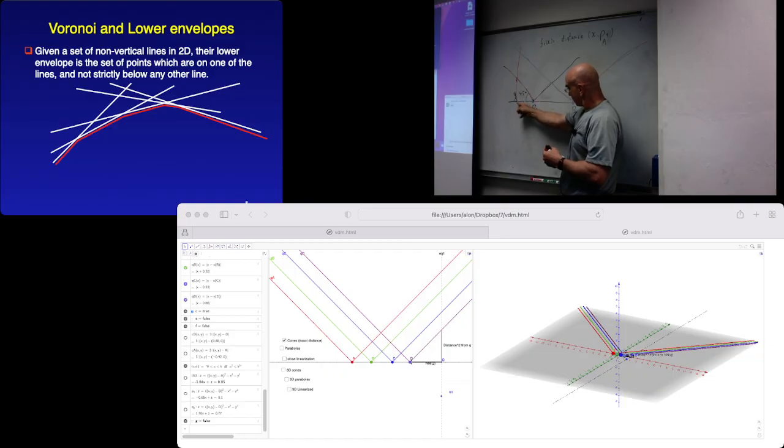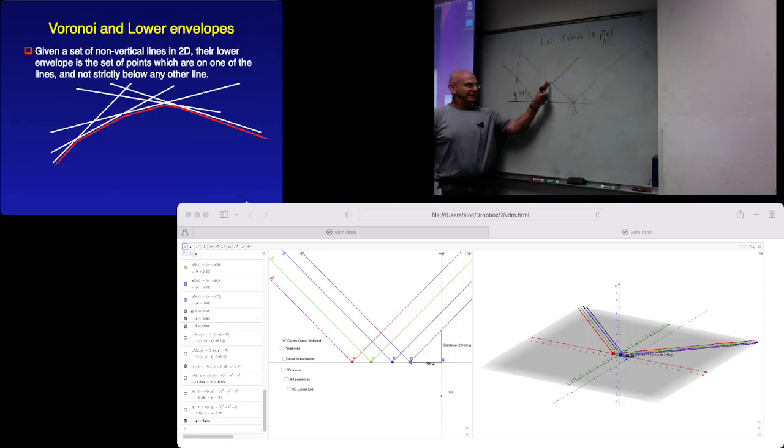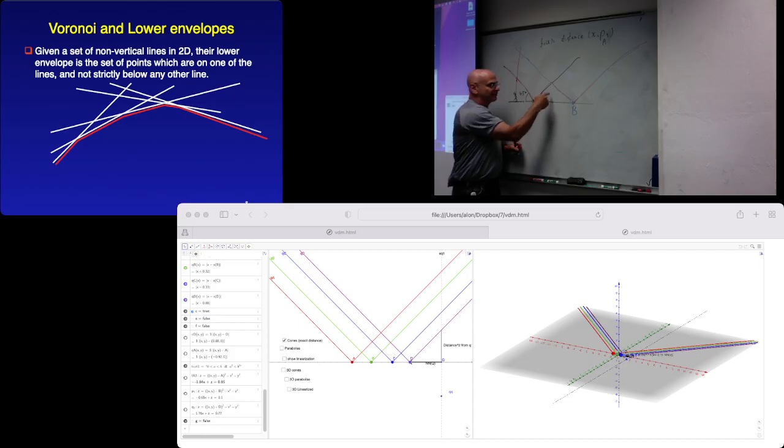Here you see that as I'm moving toward P1, P1 is the closest. How do I know? Because the function f1 is the lowest. It's smaller than the similar function that point B defines. But of course, as I'm hitting this, what is it? In 1D, it's nothing but a vertex of the Voronoi diagram over here.